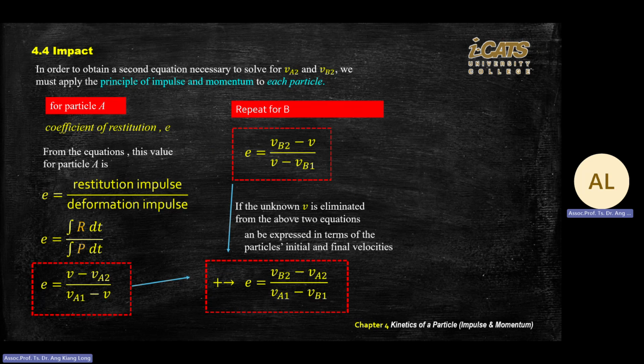So this is VA1, VB1, V, VA2, VB2. Okay. So in this case, VA1 is larger than VB1. It hits and then A will slow down.